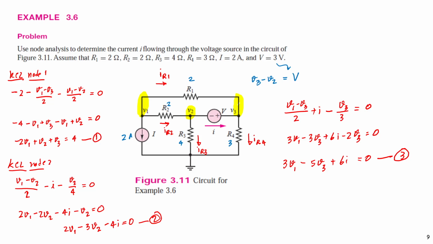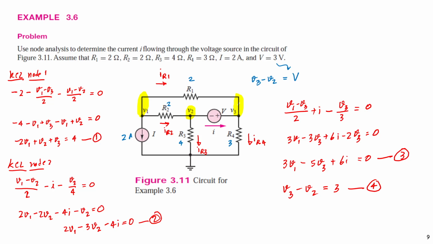We cannot solve it again. But we can draw another relation. We know that V3 minus V2 equal to 3 volt. We have equation number 4.